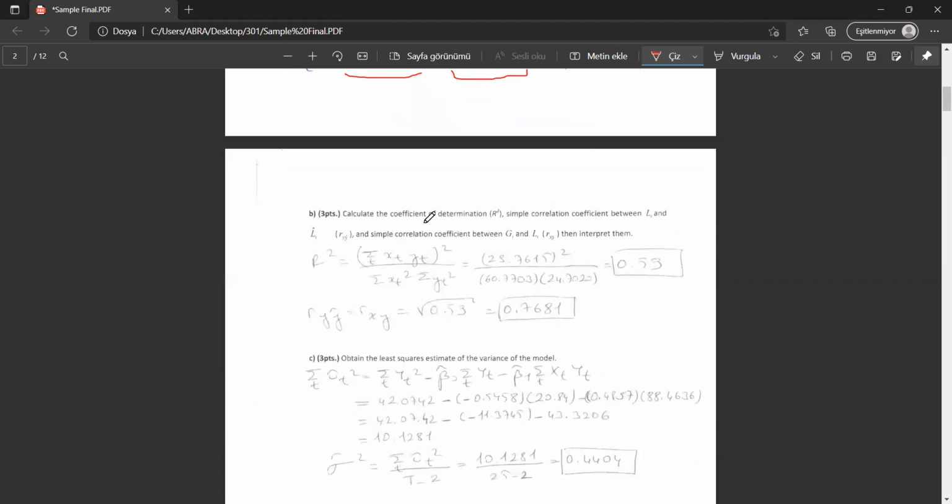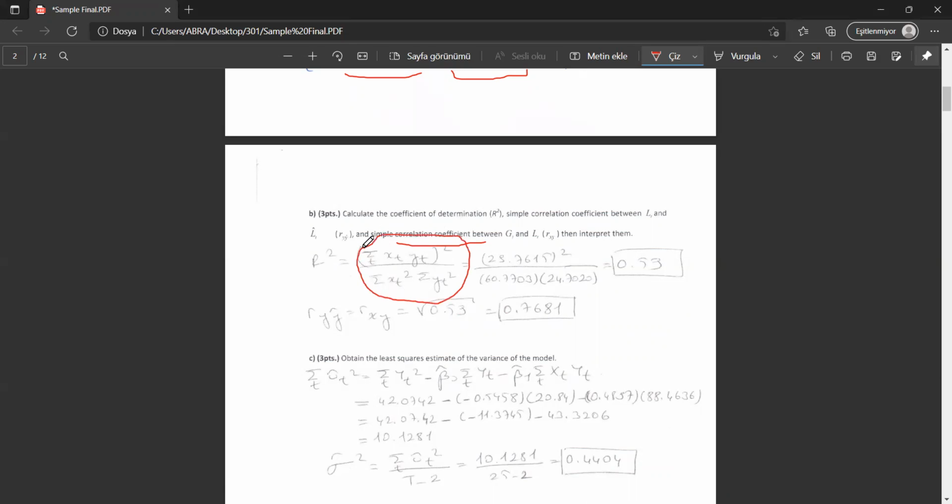In the second part, we need to calculate the coefficient of determination, which is R squared. And from here, we can also find the correlation coefficient, because we know that R squared is the square of the correlation coefficient. Now, instead of the R squared formula, which is 1 minus the summation of ut hat squared over the difference between fitted values and actual values, you can just use the correlation coefficient formula.